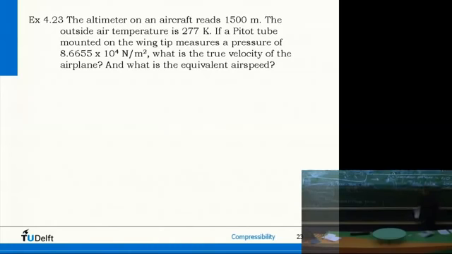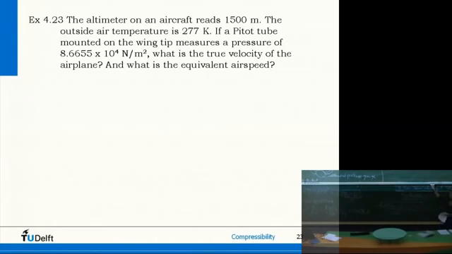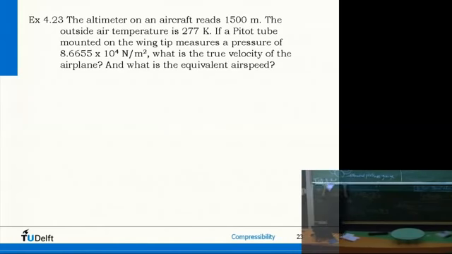Now the equivalent airspeed, so we just computed the true airspeed. Equivalent airspeed is if people are lazy, they sometimes use it in aircraft and they use not the actual density, so not the measurement of the temperature, but the density at standard sea level conditions, so 1.225. So it's an approximation. Now how far off are we? So we could have computed the equivalent airspeed.